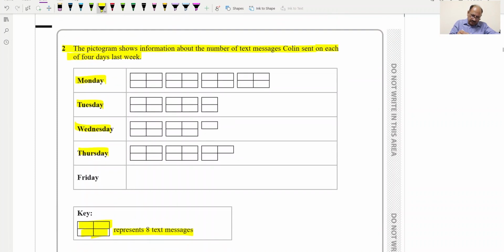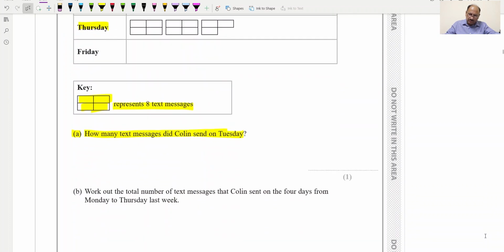Tuesday will be 8, then again 8, and this will be 4. So 8 plus 8 is 16, and 16 plus 4 is 20. We can give the answer as 20. This is a 1 mark question.